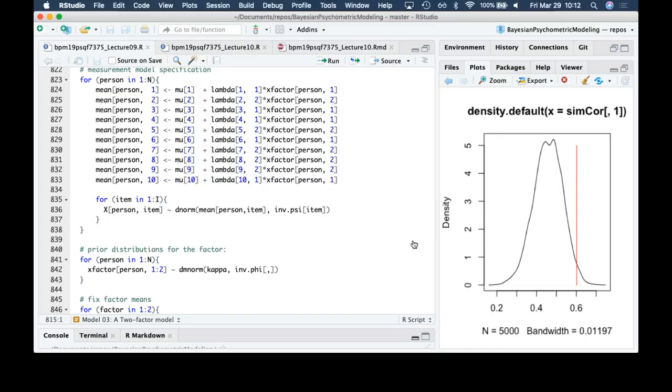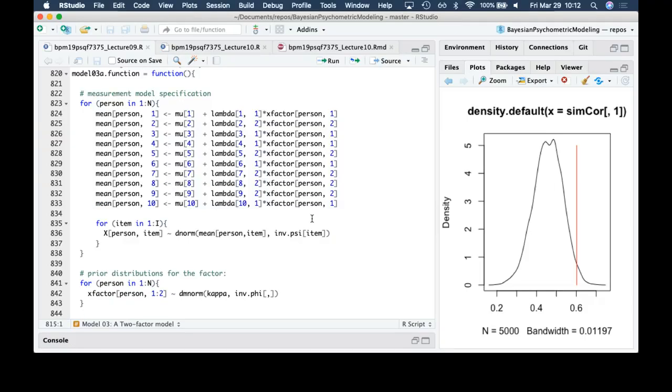Before, we had a loop that went over all of the items. When we specified this item likelihood, this was present. Right? We said each person's data, and this is the model data likelihood, follows a univariate normal distribution for each item, with a mean and an inverse unique variance, or psi value.